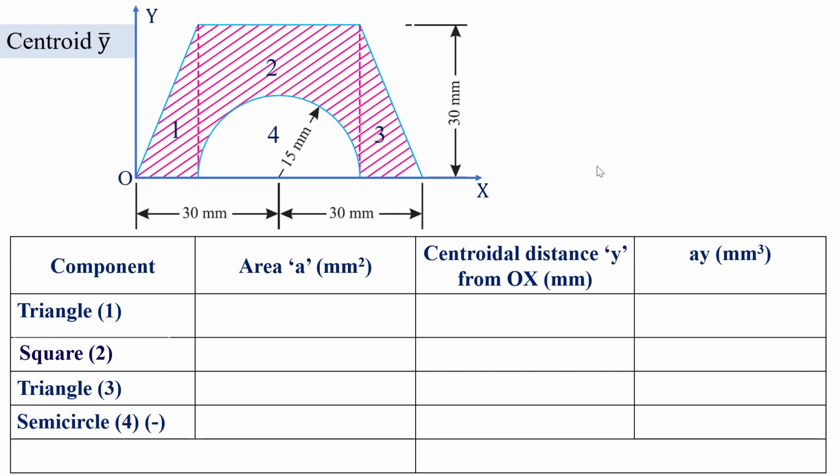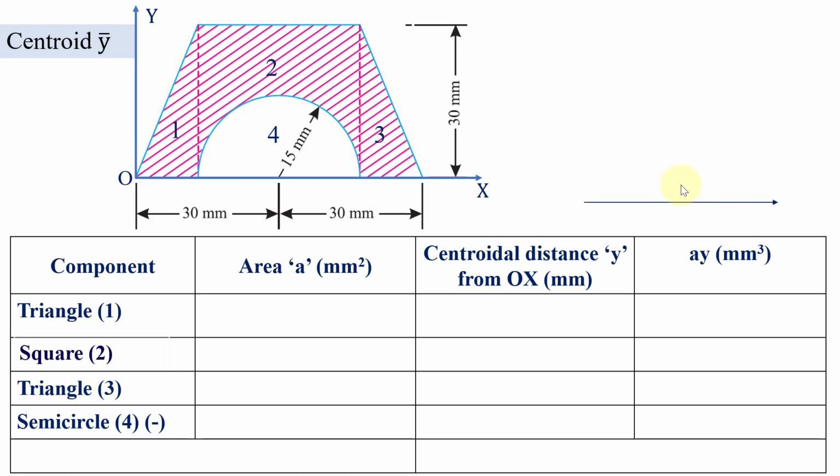The concept of finding the centroid here is, as we couldn't find the centroid of the irregular shape directly, we are going to find the centroid of the individual basic primitives, and by using that we are going to calculate the centroid of the whole irregular shape.